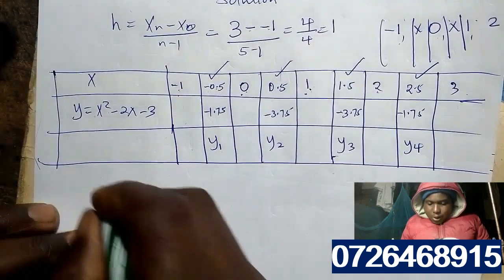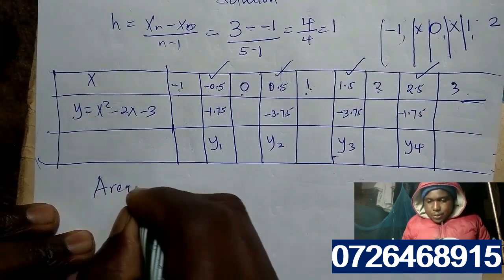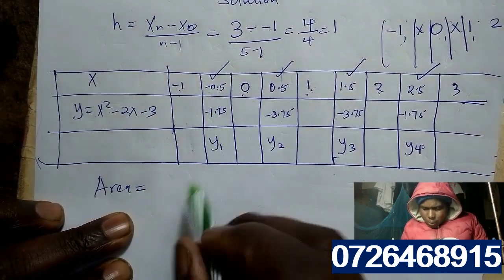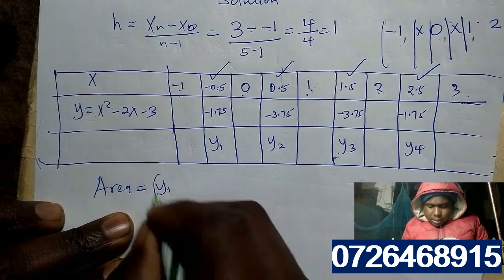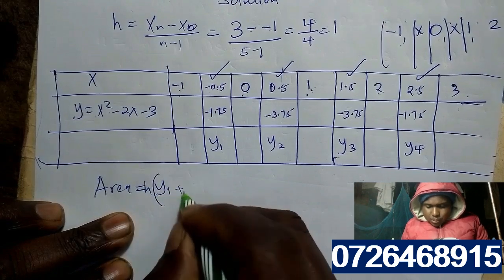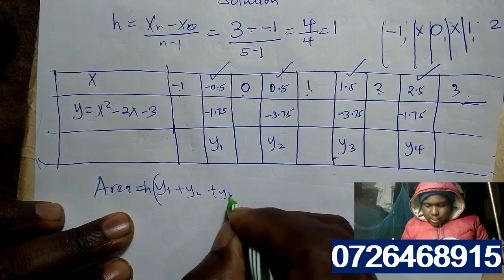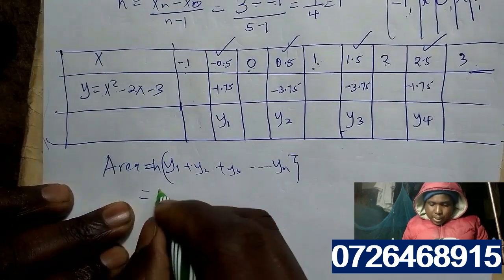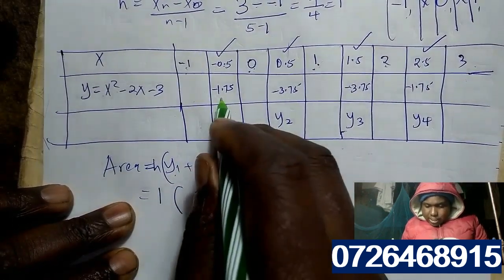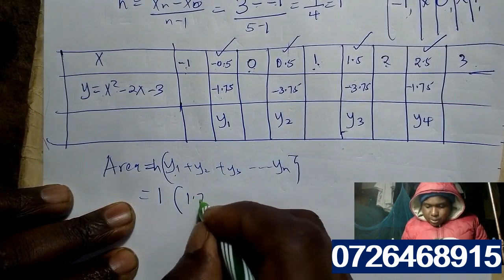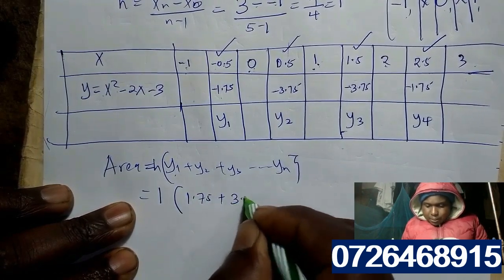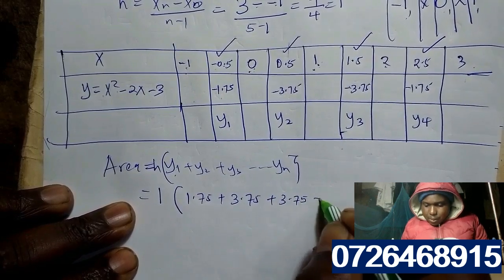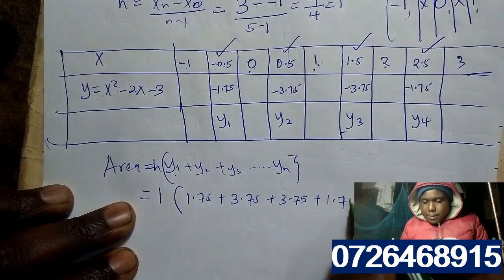The next now, area is equal to h into y1 plus y2 plus y3 all the way to yn, mahali inaishia. So our h is 1 into 1.75 plus 3.75 plus 3.75 plus 1.75.